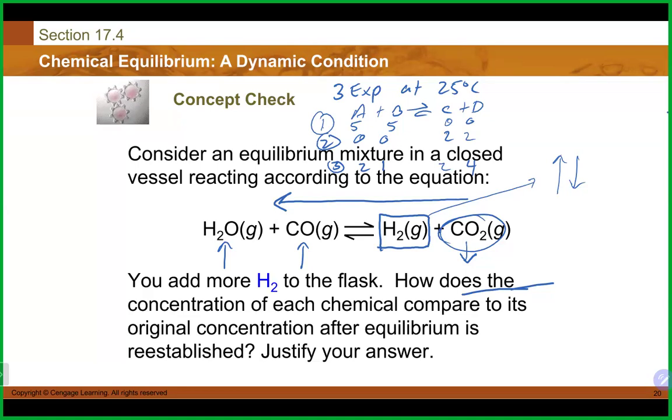Again, even if you started with all reactants in one or all products in the other or a little bit of everybody, the ratio of products to reactants at 25 degrees would give you the same K value.